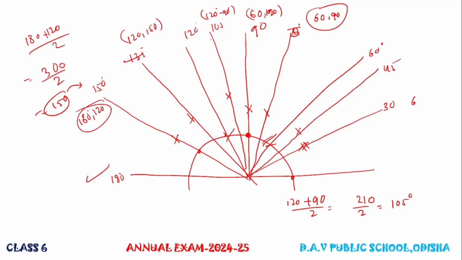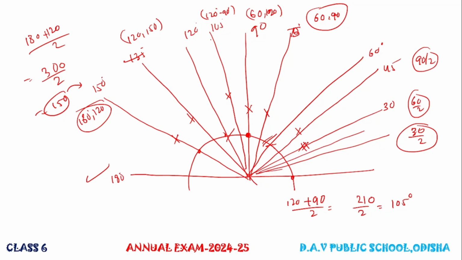And 30 means 60 bisected. 45 means 90 bisected. 60 we get directly. And we get 15 by bisecting 30, and 22 and a half by bisecting 45. All of you clear?